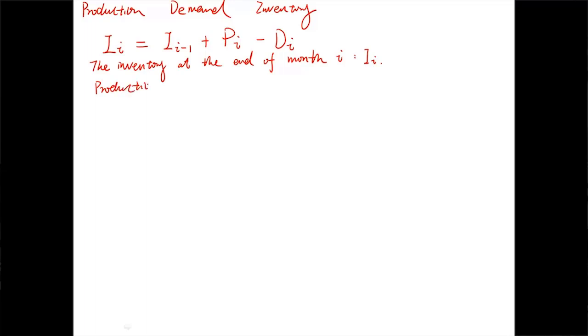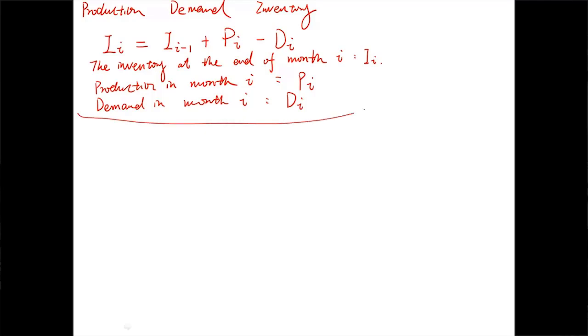Sorry, I defined it the other way. Production in month i is defined as P_i, and demand in month i is D_i here. Good. So that's the relationship here.